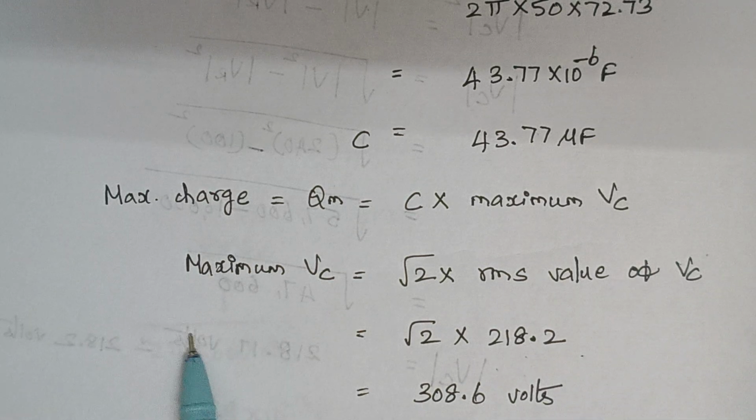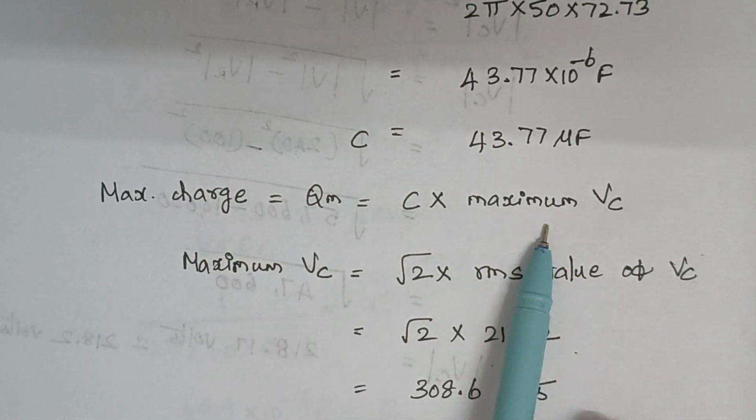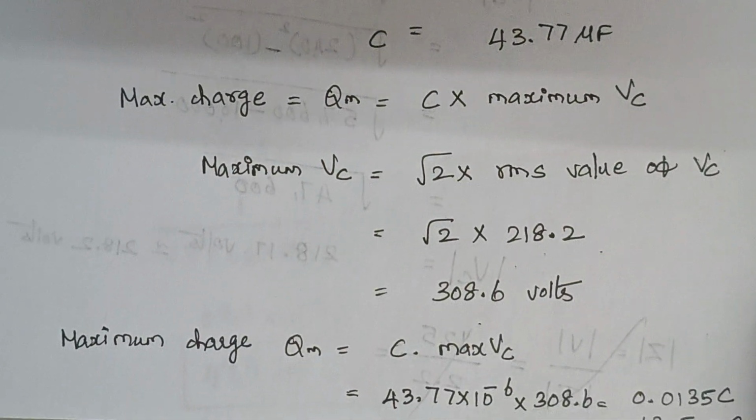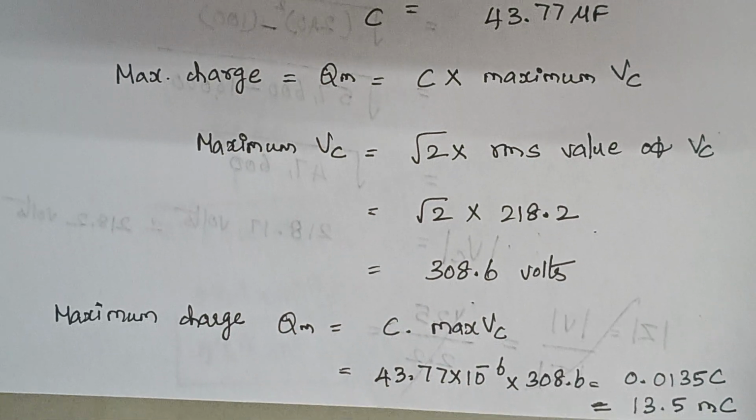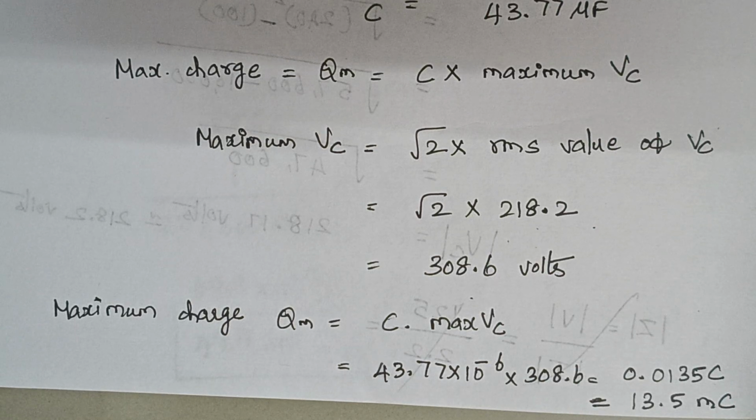So maximum charge is given by C into maximum VC. So the value of C is 43.77 into 10 to the power minus 6 into VC, which is 308.6. So that gives the answer as 13.5 mC, that is millicoulomb, right?